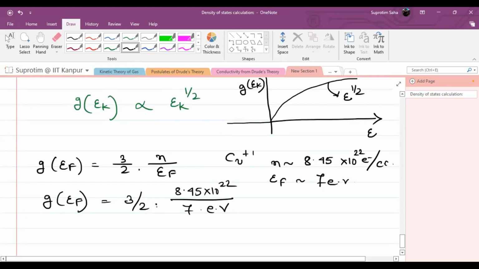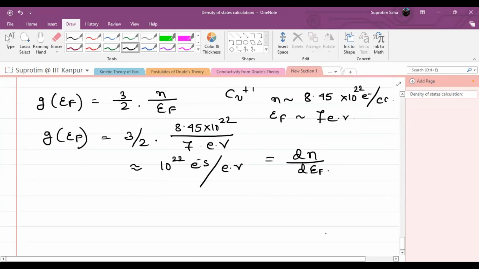So roughly, this is of the order of 10 raised to 22 electrons per electron volt. And if you remember, we said that G of EF or G of Ek is the density of states, which is the number of electrons per unit energy. So this is dN over dE.